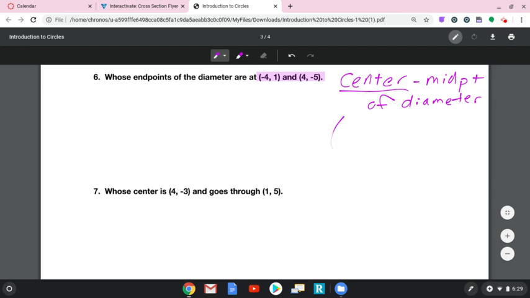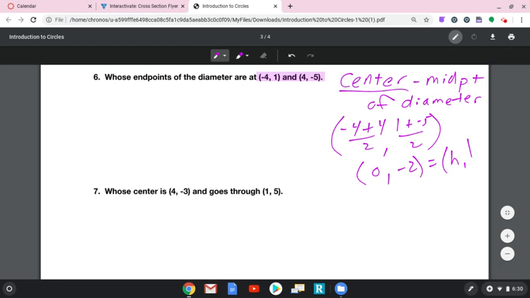I take the average of my x's and the average of my y's, and I get my center. So -4 plus 4, that's 0, divided by 2 is 0. 1 plus -5 is -4. -4 divided by 2 is -2. This now is my center. That's my (h, k).